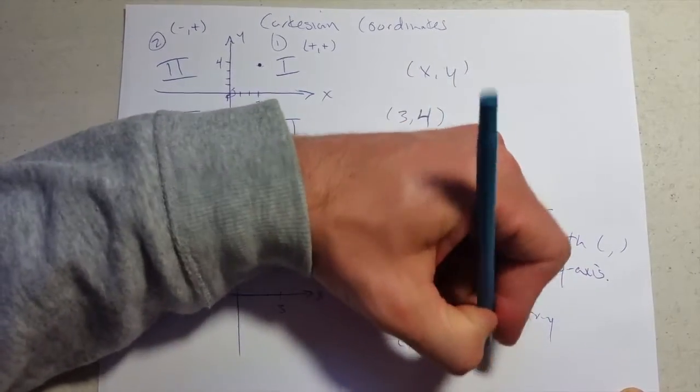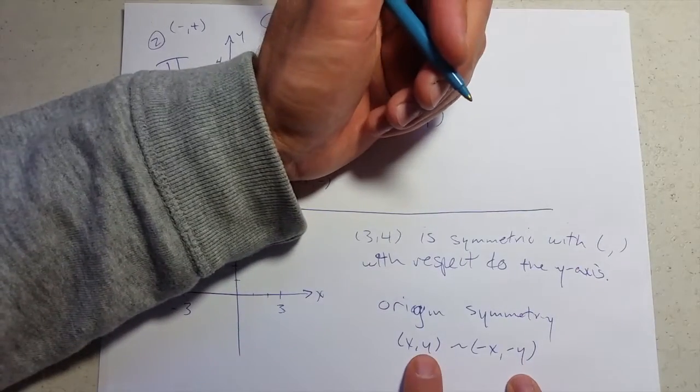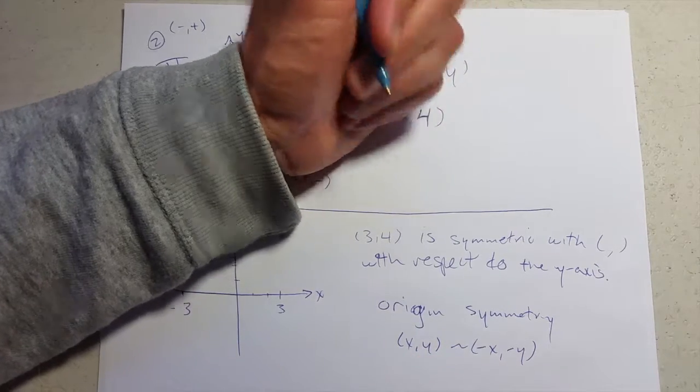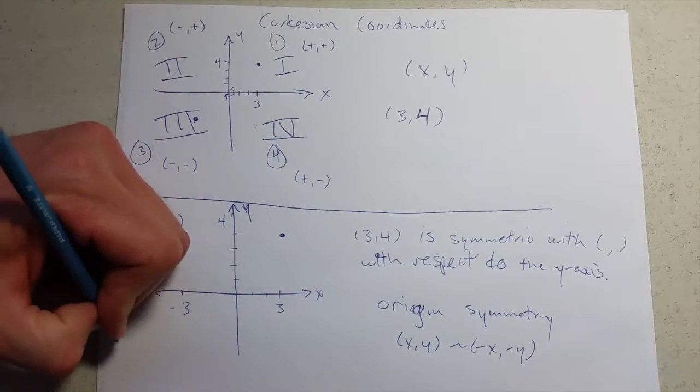You have (x, y) going to be, if you swap your sign on x and y, you will have origin symmetry. So there's origin symmetry. What happened over here? We had y-axis symmetry.